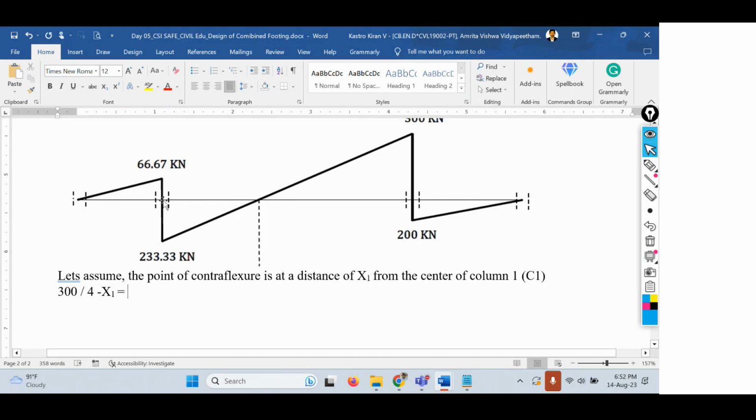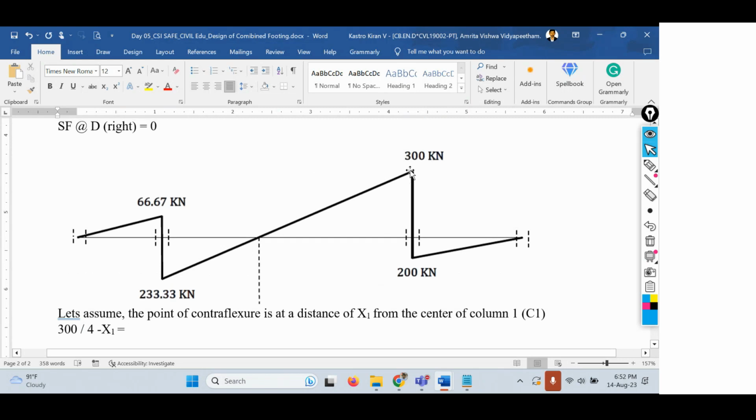The shear force here is 233.33, and the load coming onto the column is 300 kilonewtons.